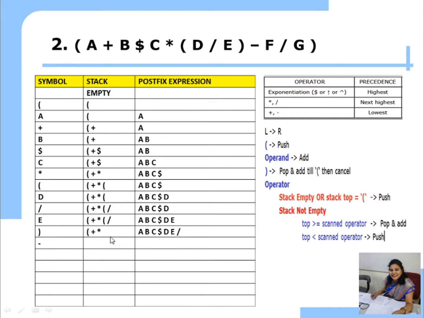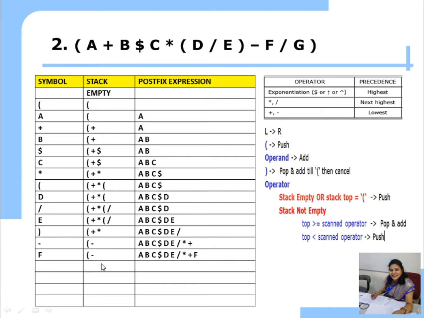And on that left parenthesis, we push the minus. We popped multiplication and plus, so only the left parenthesis is there, and if the left parenthesis is there, then you perform the push. So you push the minus here. Next, after minus there is F. F is the operand, so you simply add it here.